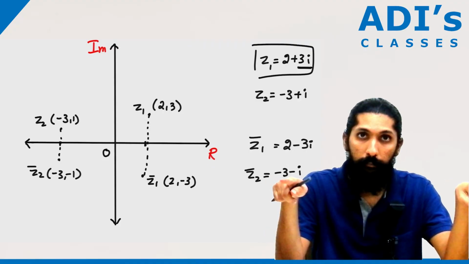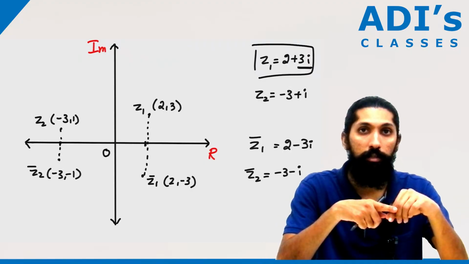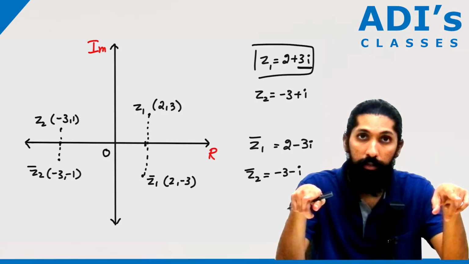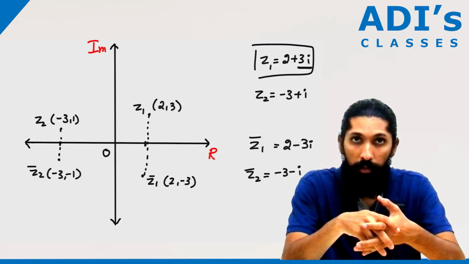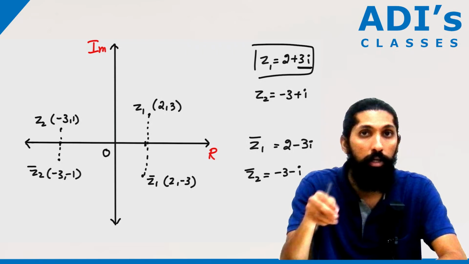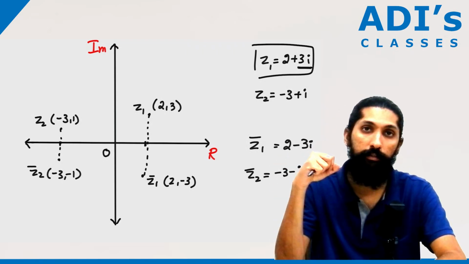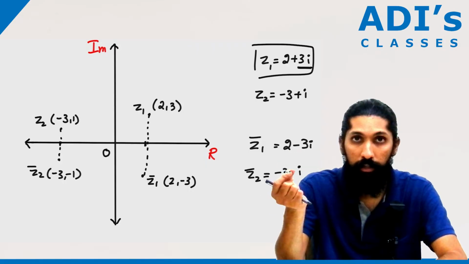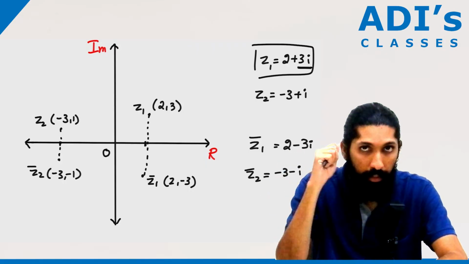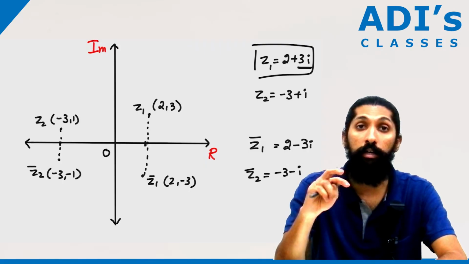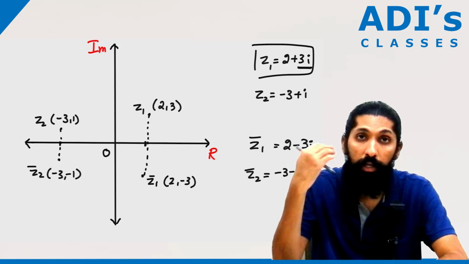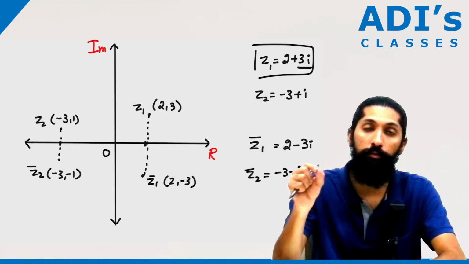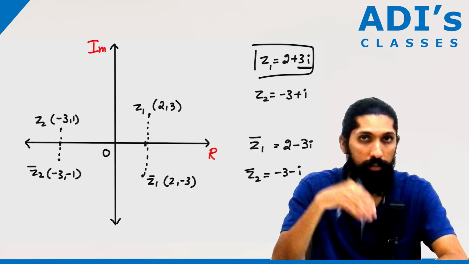The x-axis acts like a mirror, one is an object, one is an image. Same thing for z2 and z2 bar. So the conjugate of a complex number is nothing but the mirror image of the point along the x-axis. This is a very important point of how we represent and understand the conjugate. Any complex number you have, if you take the image of that point along the x-axis, that point is going to give you the conjugate. Very, very simple to understand.